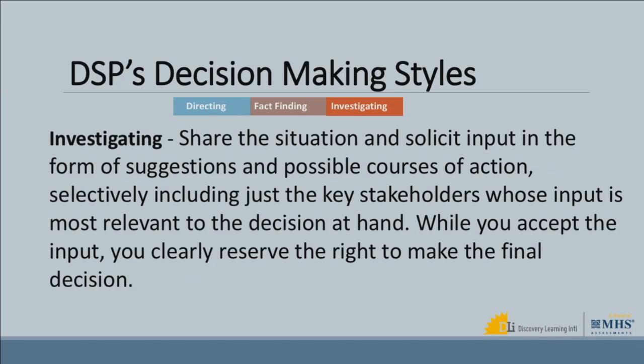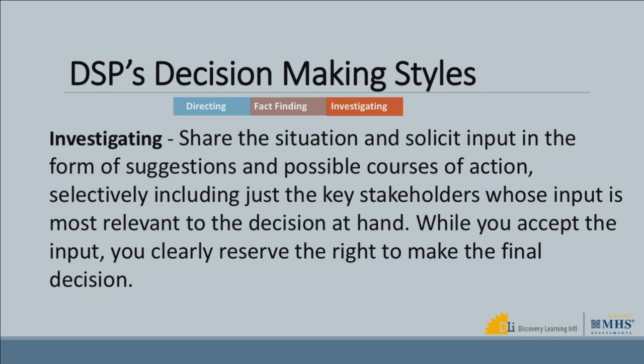Now, investigating is the next style. This is the first time that I'm actually sharing, pulling other people into this decision, into the problem. Here's what I'm facing. Here's the problem that needs to be solved. And so I'm going to target the people that I pull into this process. There might be the person from shipping and receiving. She certainly needs to know this. And then there are these two parties, and I'm going to pull them in.